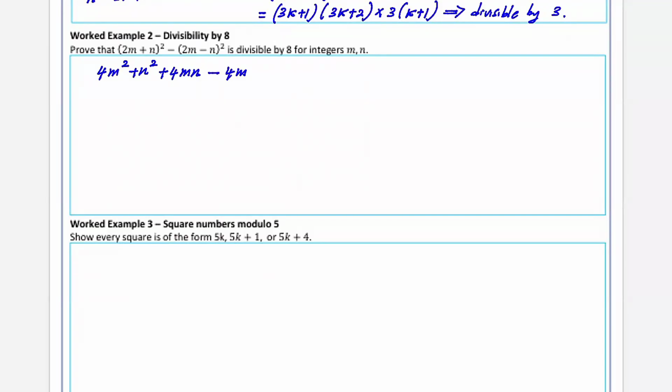You can use the difference of two squares. Yeah, 4mn. So if you simplify this, what do you get? 8mn. So obviously divisible by 8. Good. Next one.